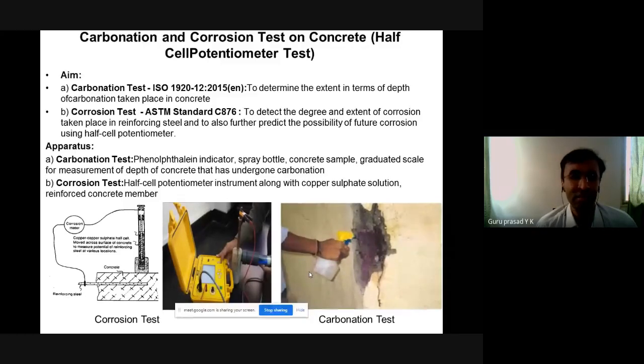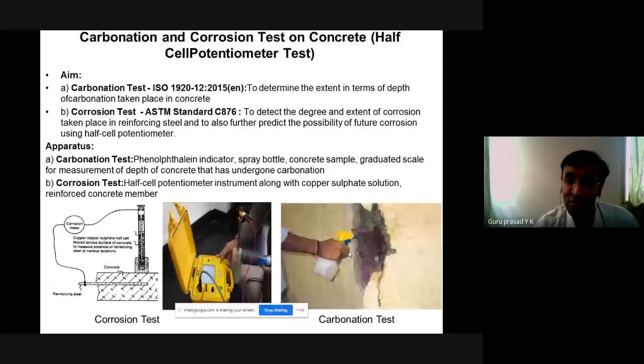If you take this phenolphthalein indicator, you have to chip off the mortar, as you see in this figure, and some portion of the concrete also you have to extract. I will show you that in the forthcoming slide. What you do is spray this phenolphthalein indicator. It's a chemical. If the concrete turns pink, sorry, the other way around.